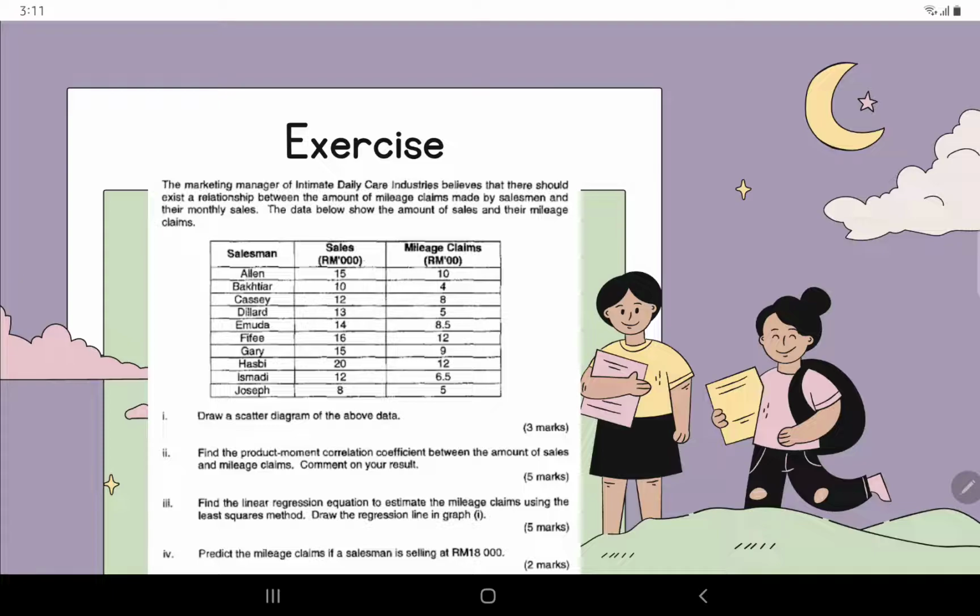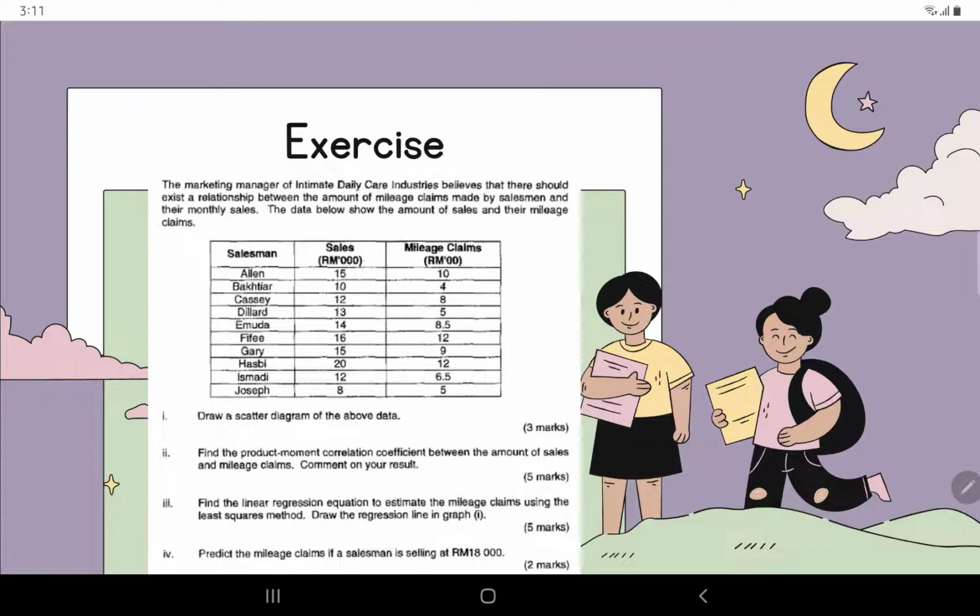Okay, next exercise is this question. First we need to draw scatter diagram. So before you draw the scatter diagram, you need to decide which is your X and which is your Y. Kita ada sales dengan mileage claim.